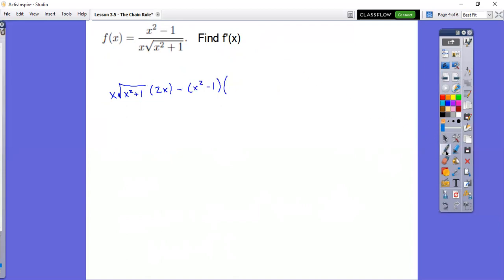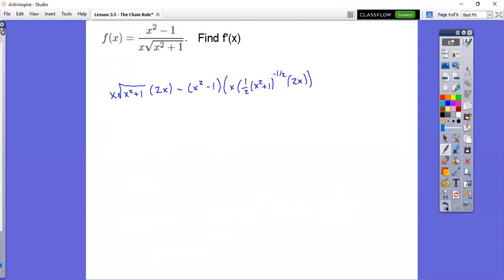Here's where the chain rule and the product rule are both going to come into play. Product rule, I've got 1 d2, so I've got x times the derivative of this portion right here. The outside function is the square root, so this would be 1/2 times x squared plus 1 to the negative 1/2. Then I still need to multiply by the inside, which would be 2x.